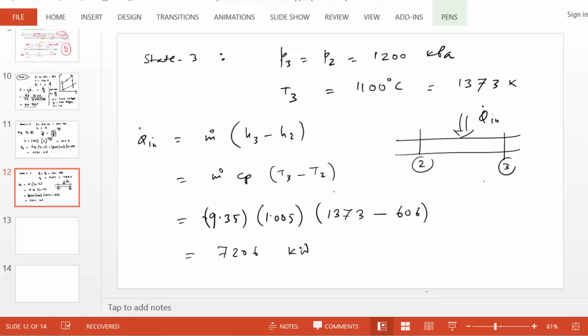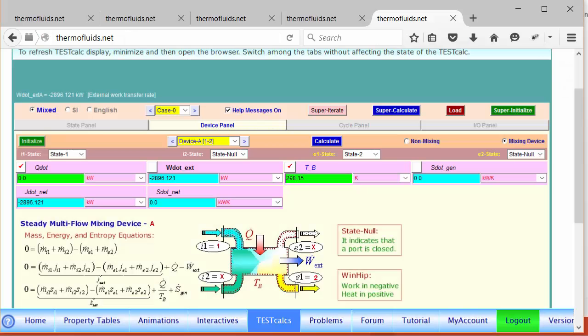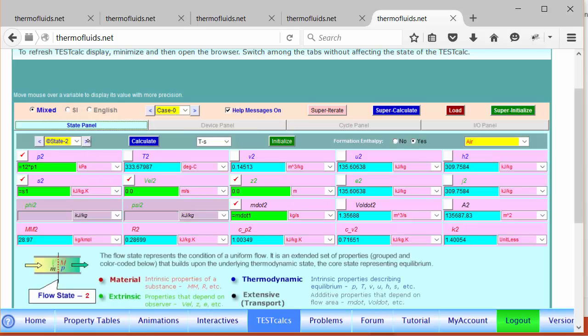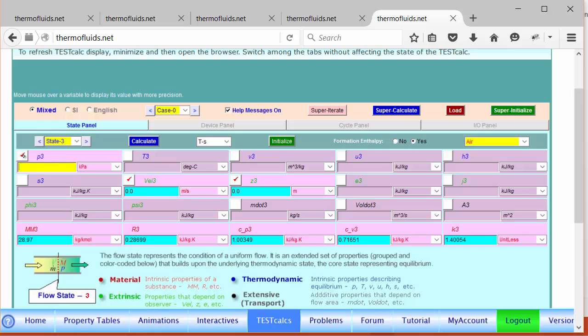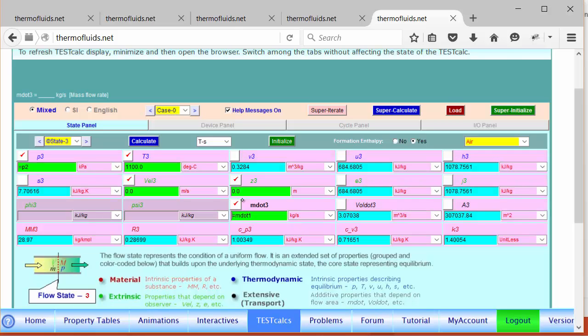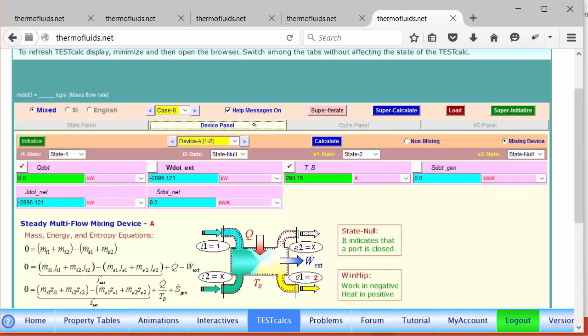Let's go and verify. So we go back to the state panel. State 3, pressure equals P2, temperature is 1100 degrees Celsius, mass flow rate is the same. In the device panel, we go for device B, which is our heat exchanger.